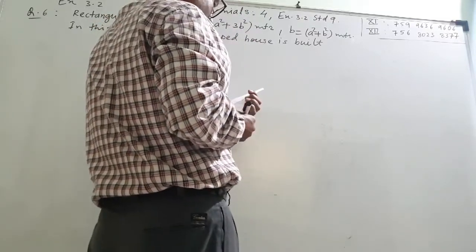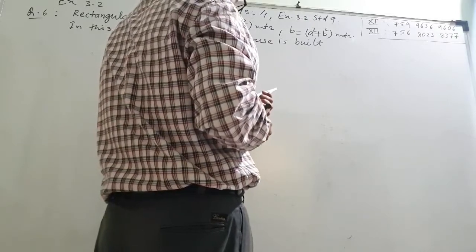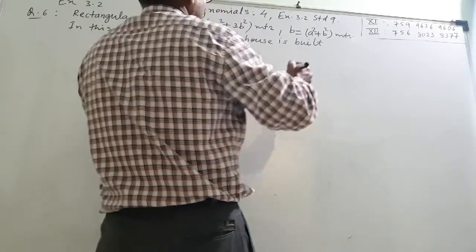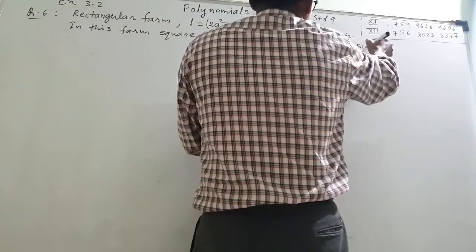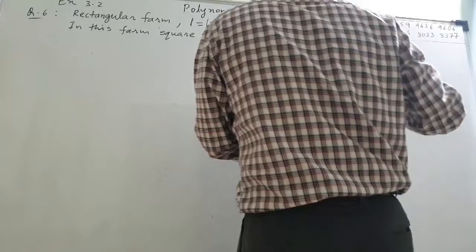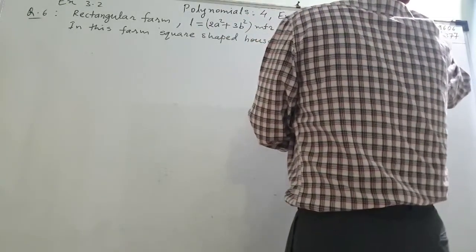The side of the plot was a square minus b square meter.